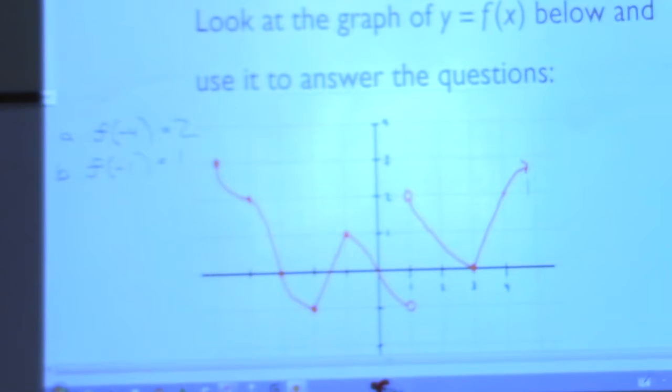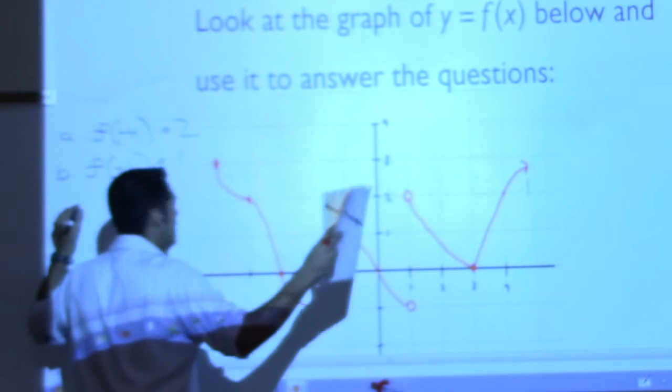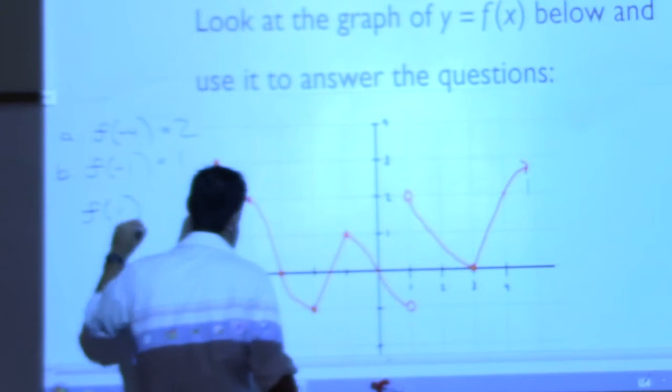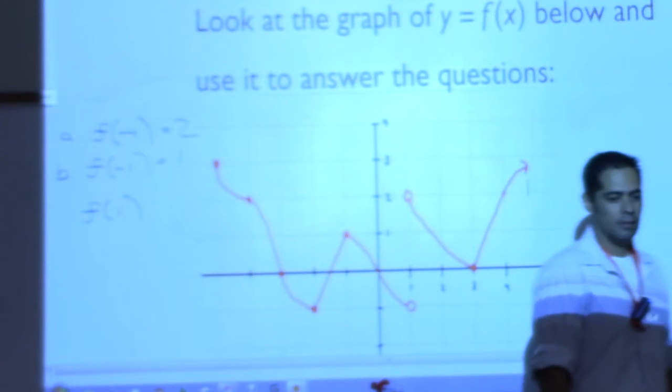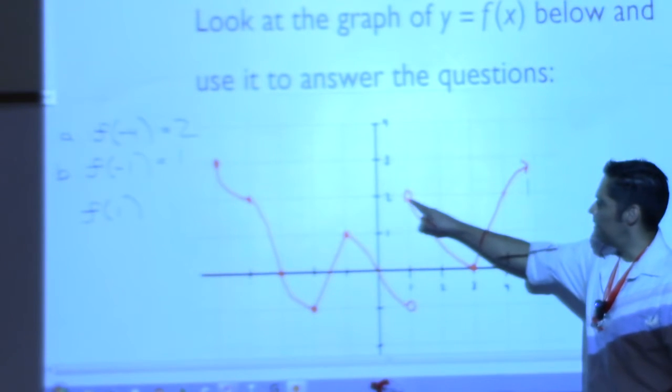All right. Let's ask Michael. This isn't on here. I'm making up my own now. Sorry. Michael, what's f of 1? You got the hard one, Michael. So you're going out to 1, you're looking up here, but it's an open circle.